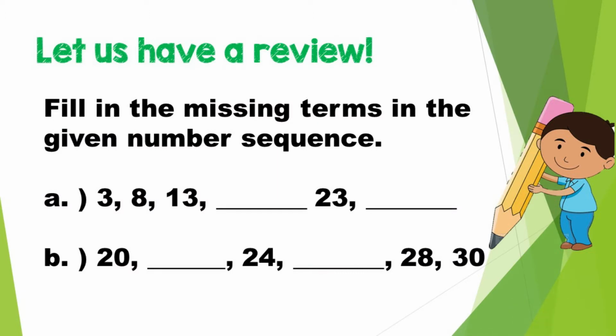Before we start our lesson, let us have a review. Fill in the missing terms in the given number sequence. What have you observed from this given number sequence? Let's try to answer.